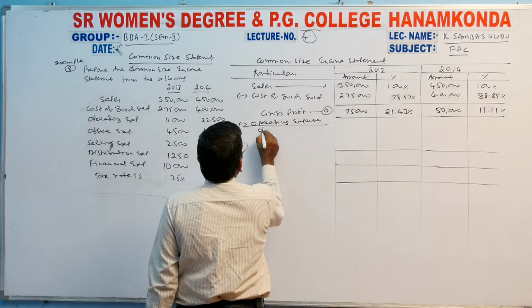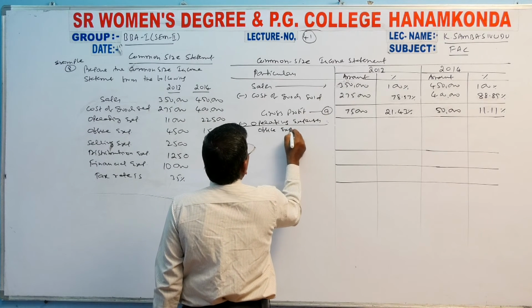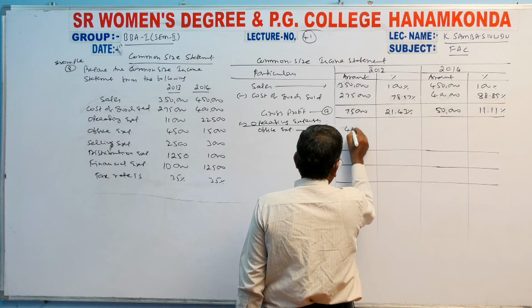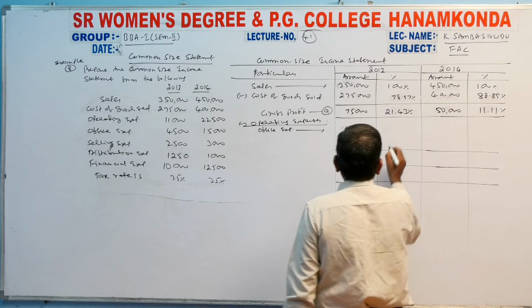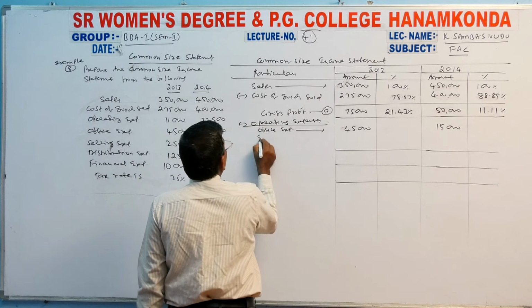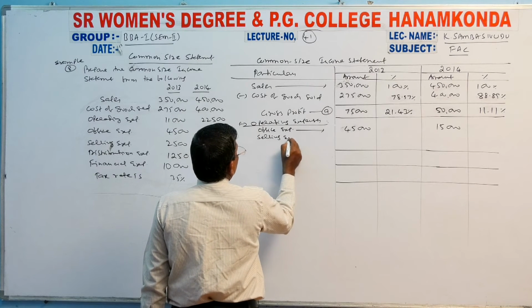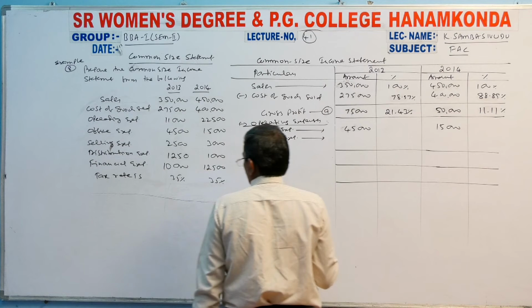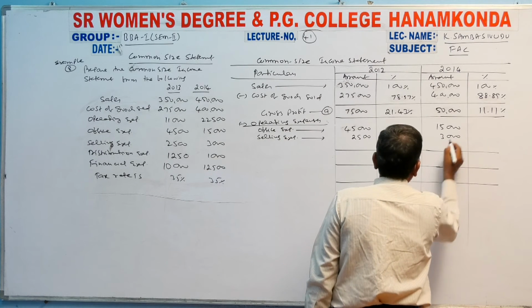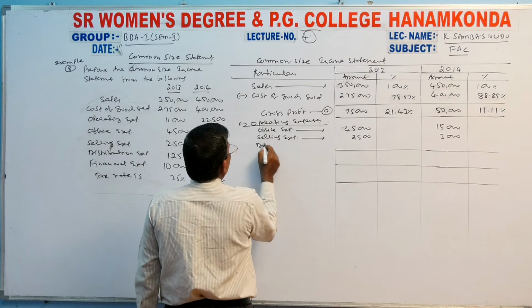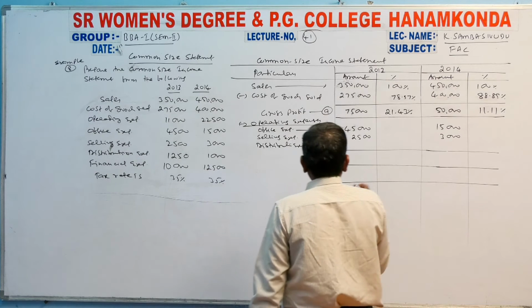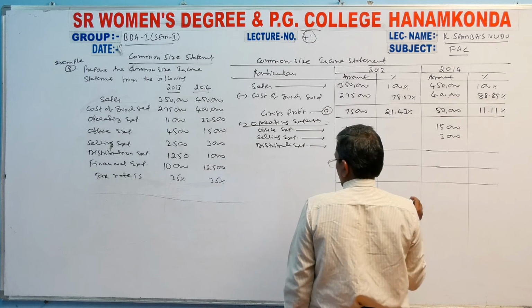So office expenses 45,000, 15,000, selling expenses 2,500, 3,000, and distribution expenses 1,250 and 1,000.